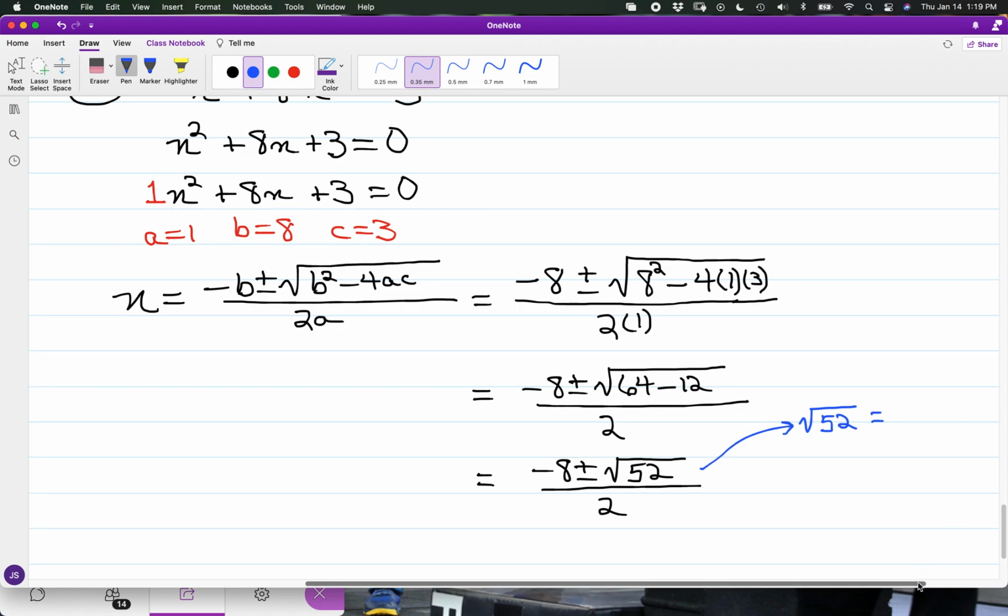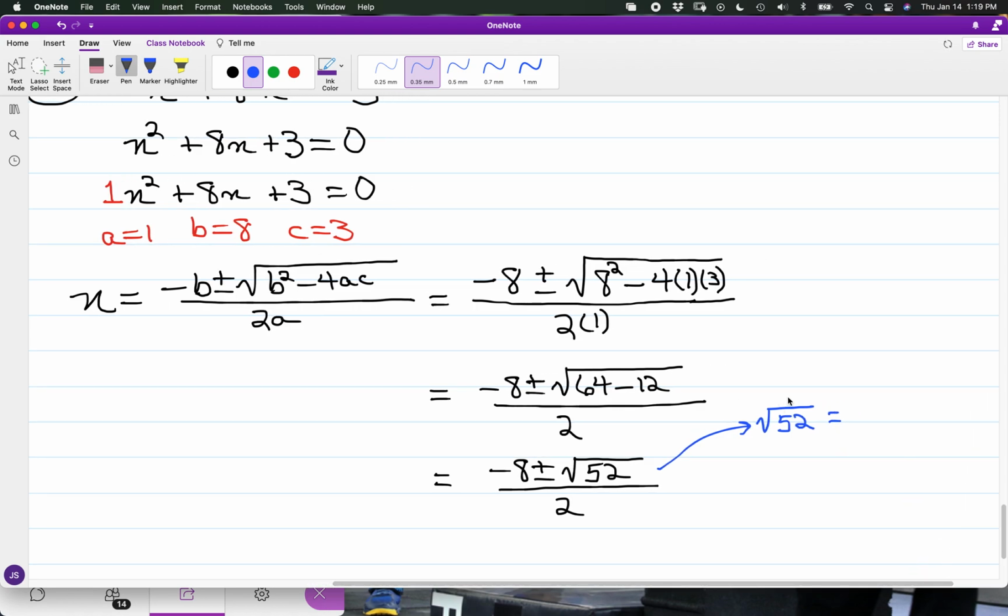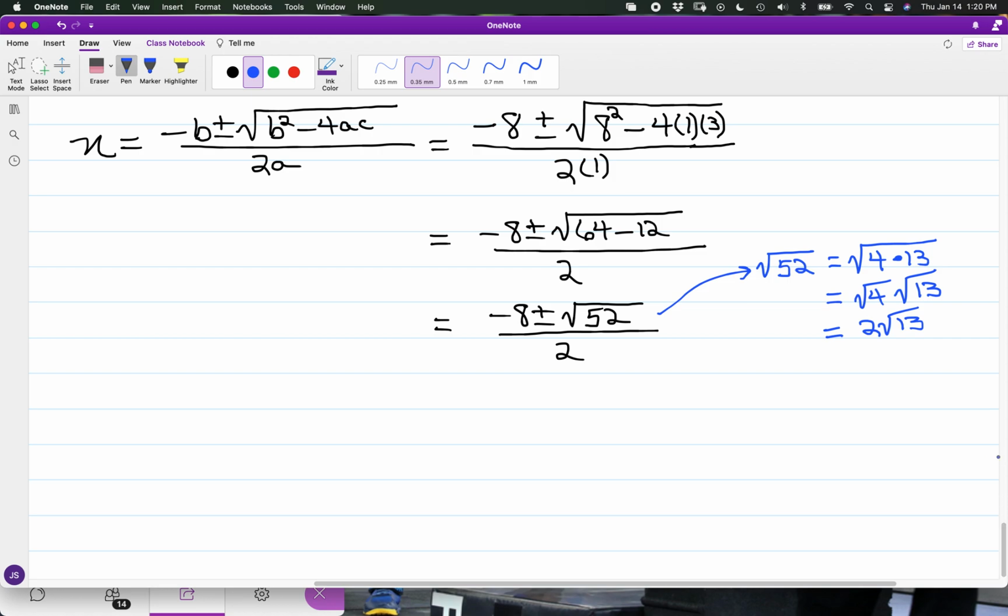The highest perfect square number divisible into 52, just like 28 earlier, is only going to be 4. So the square root of 52 is the square root of 4 times the square root of 13, and so this will go to 2 times the square root of 13.